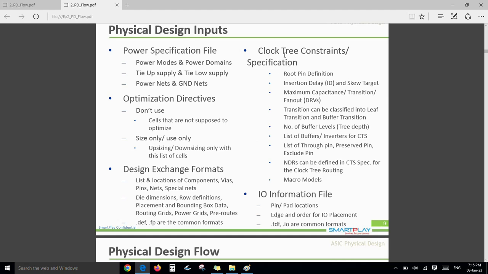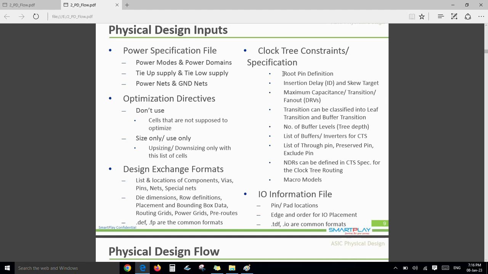And CTS spec file. Why we need this CTS spec file is to run the CTS. In the spec file, what will be the insertion delay, skew target and max transition, capacitance, what buffers need to be used, which buffers we need to use, which drive strength we need to use, and number of buffer levels, what is the tree depth, and list of buffers, and list of inverters.